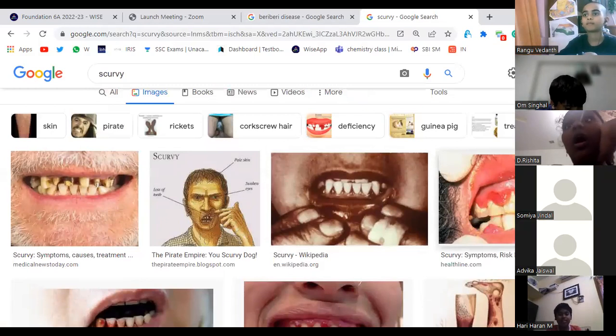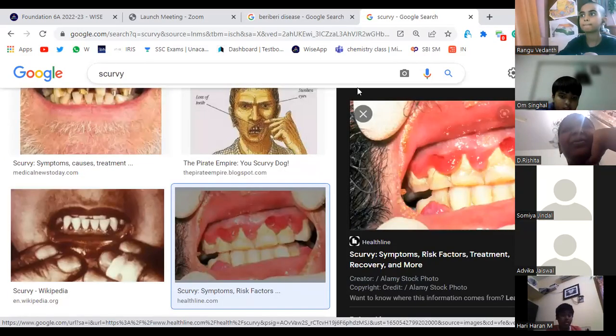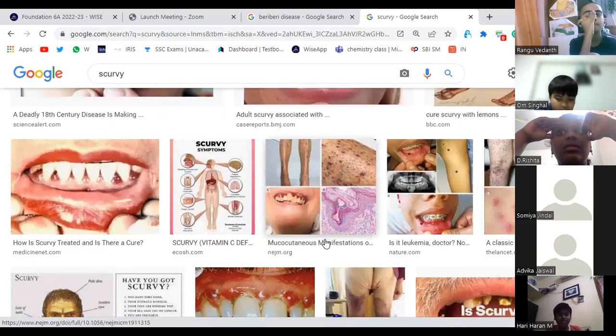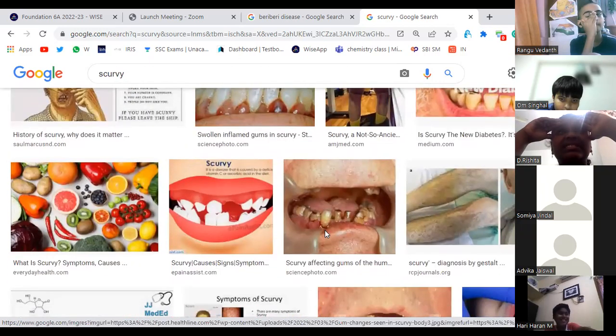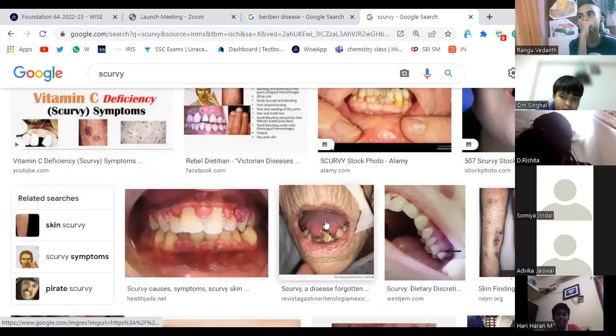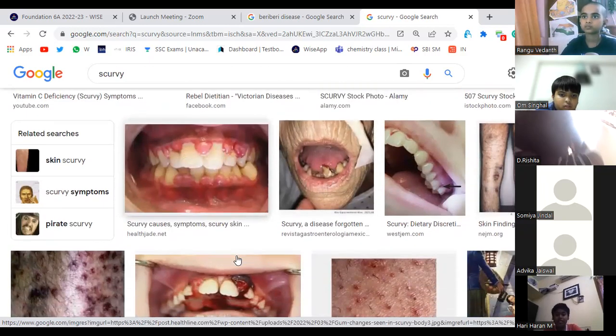Now can you see here? There is scurvy. So bleeding of the gums. Like this it happens. That is scurvy disease. Clear now?